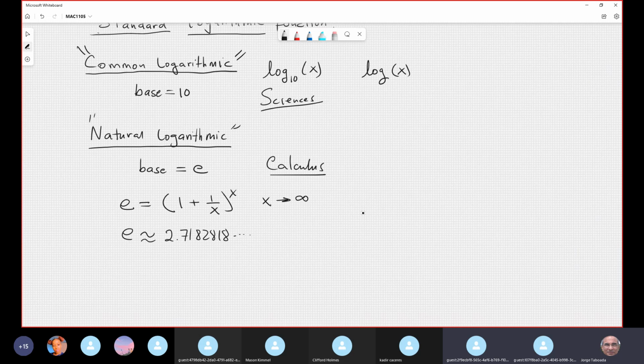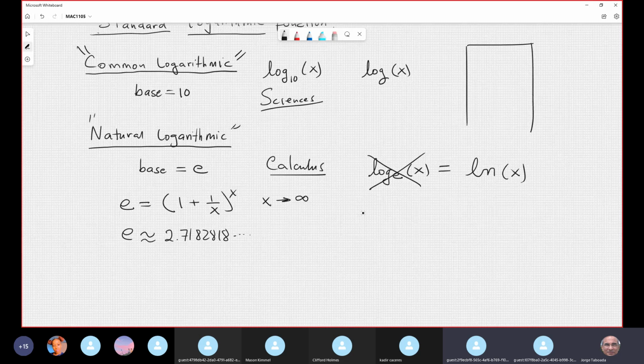The representation would be log base e of x because the base is e. But by default, everyone in the world writes it differently: ln, 2 letters, of x. So ln is the natural logarithm. And log is the common logarithm, base 10. By default, everyone in the world knows that.